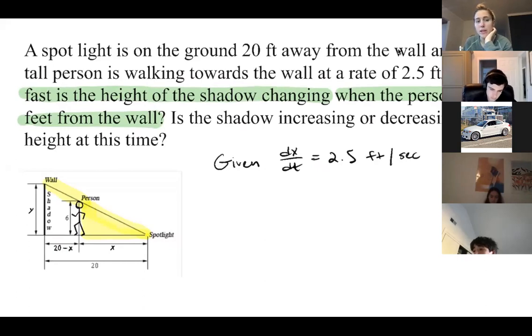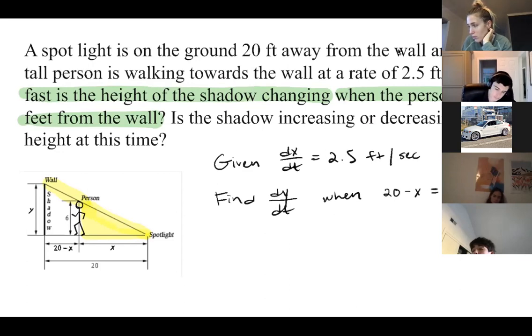And since the height of the shadow is represented with y, that means we are trying to find dy over dt at the moment in time that the person is 8 feet from the wall. So that's when the distance 20 minus x is equal to 8 feet.